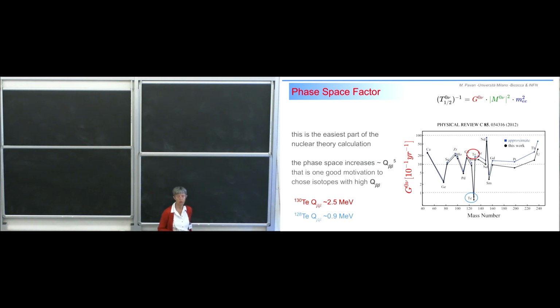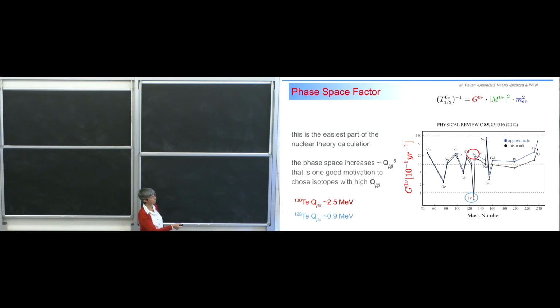So there are other inputs that can be important, because I gave you the goal that we have on this parameter. We need to know also the values of these two. These come from the theory. The phase space is something that can be evaluated quite easily. And here you see the different values for a number of candidates to double beta decay.